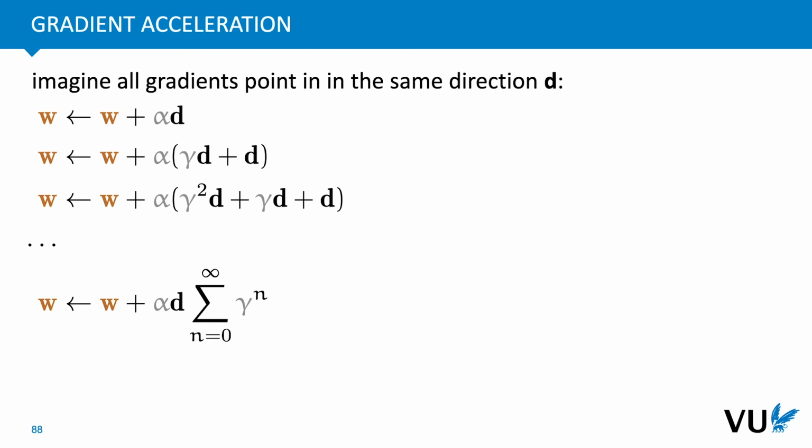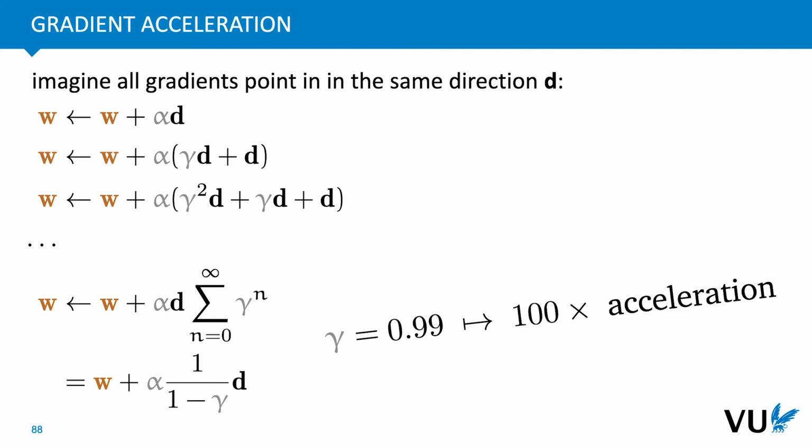And if you remember your infinite sums, you know that this reduces to 1 over 1 minus gamma, which tells us that if we set, for instance, gamma to 0.99, then 1 over 1 minus gamma turns into 100. So in the limit, we are accelerating the gradient descent by multiplying the learning rate by a factor of 100, if we're lucky enough to get a bunch of gradients all pointing in the same direction.